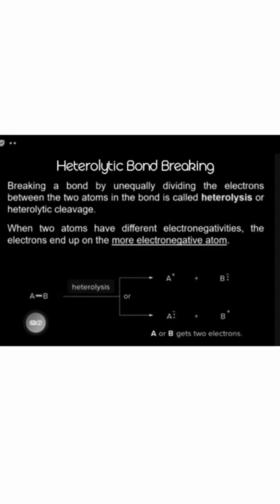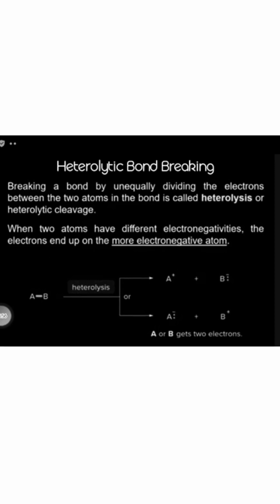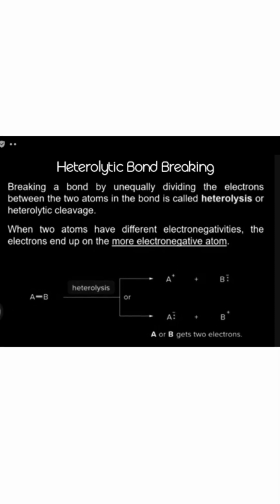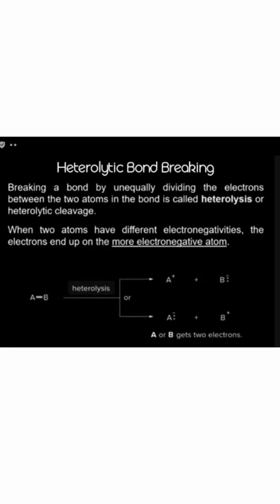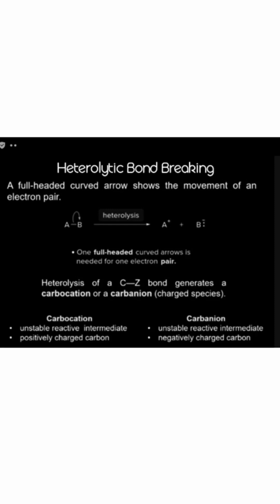You can also state that one substance is a major substance and another is a minor substance. That is called heterolytic bond breaking. That is also all about electronegativities, that one species is more electronegative and another is less electronegative than the other molecule or atom.